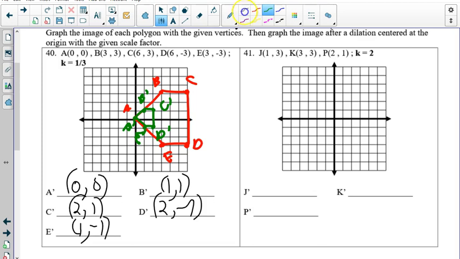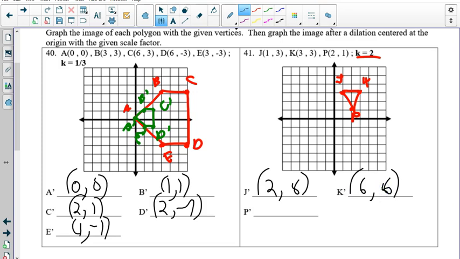All right? Over here, J is at 1, 3. K is at 3, 3. And P is at 2, 1. Little triangle. J, K, P. Now, we're going to multiply everything by 2. So this is going to become 2, 6. K is going to become 6, 6.